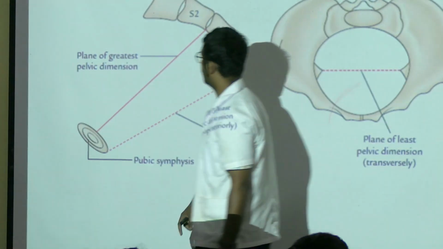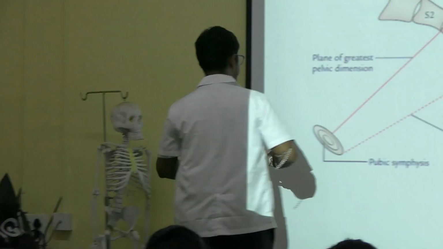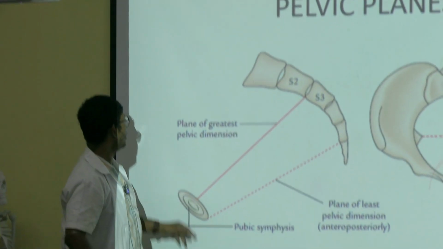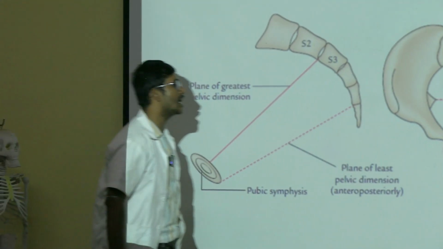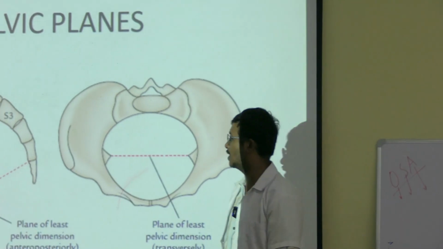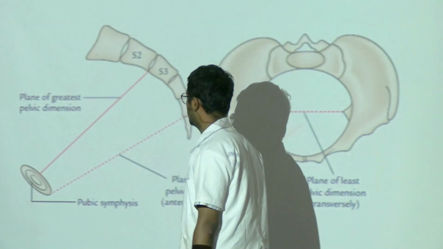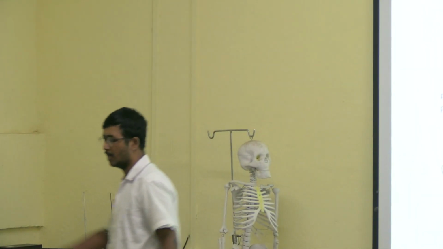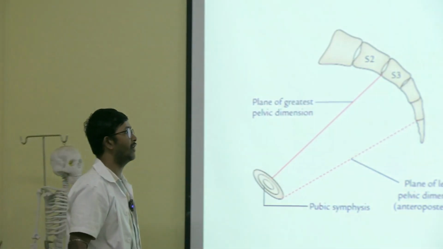Now here, anterior-posteriorly, this is the greatest dimension of the pelvis. There are certain dimensions, diameters of the pelvis, which we need to memorize. So this is the plane of the greatest pelvic dimension, starting from the posterior part of your pubic symphysis up to your S2 and S3 sacral vertebra.